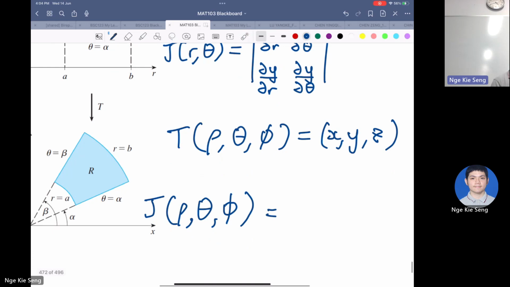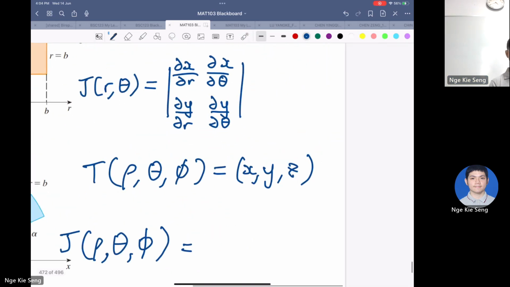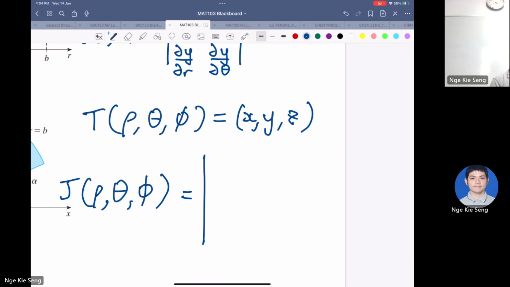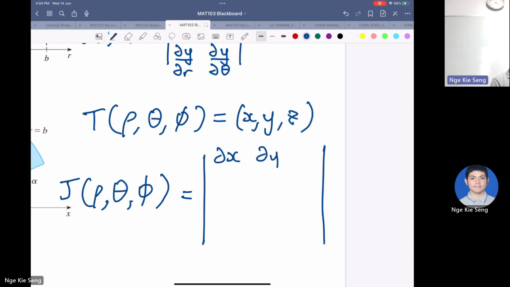How do you arrange it? You arrange your functions from the codomain as a row: del x, del y, del z, and then del x, del y, del z, and again del x, del y, del z.